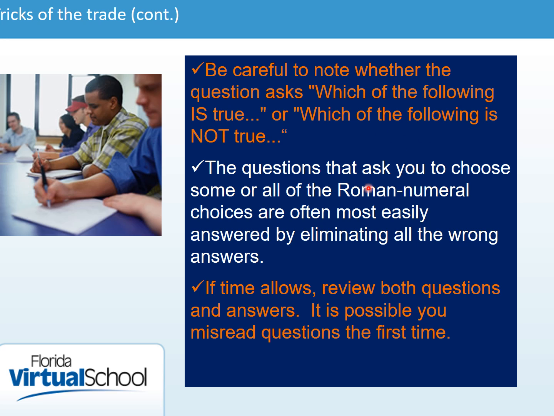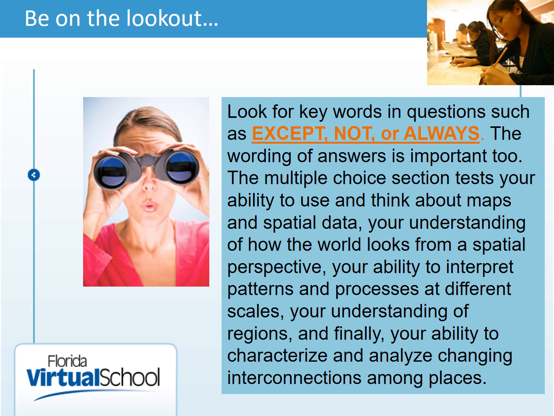The questions that ask you to choose some or all of the Roman numeral choices are often most easily answered by eliminating all the wrong answers. If time allows, review both questions and answers. It is possible you misread the questions the first time. Look for key words in questions such as except, not, or always. The wording of answers is important too.